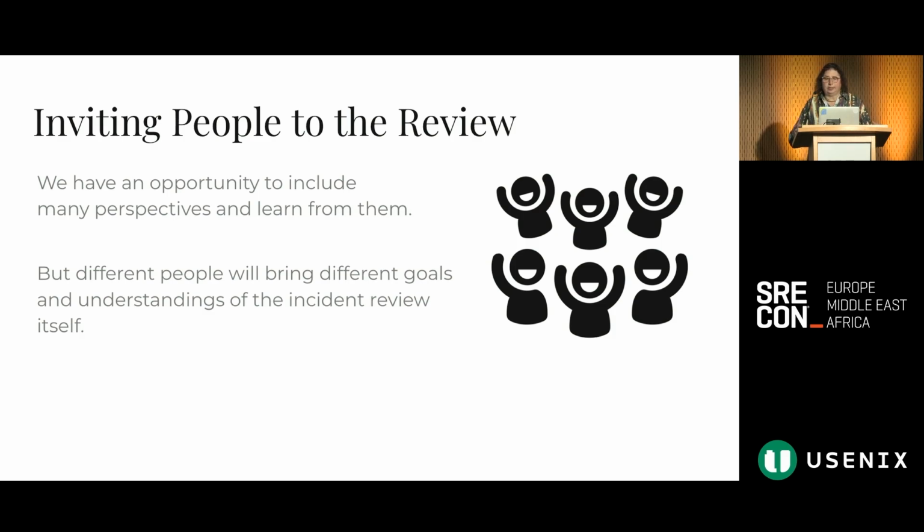And as I said at the beginning, my perspective in this talk is that the goal of the incident review is to deepen understanding about the systems involved. But that's not the only goal that can come into the room. There could be accountability. Two goals that I'm going to talk about particularly are accountability goals and prevention goals. And I'm going to talk about each of those briefly in the context of making this a better learning opportunity.